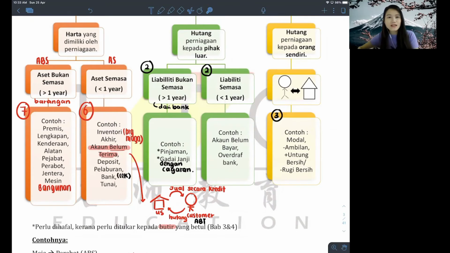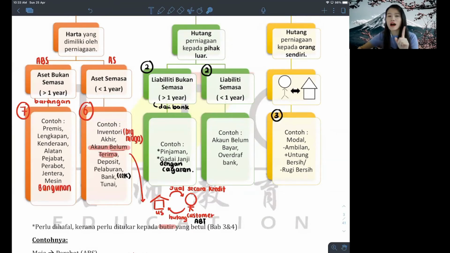If you want to borrow money in terms of gadai janji, the bank will have the right to take away your kenderaan or even premise at any point of time if you fail to pay your installment. Because every month you will have to pay back your amount of gadai janji, so they have the right to lelong your house because it's under their ownership already the moment you decided to do gadai janji.